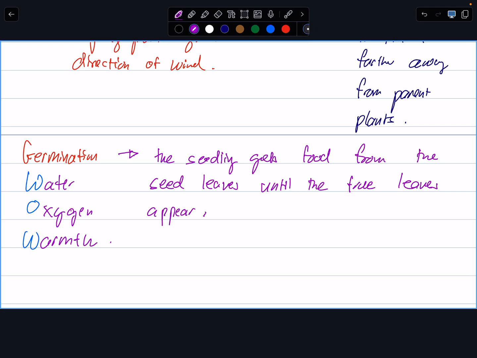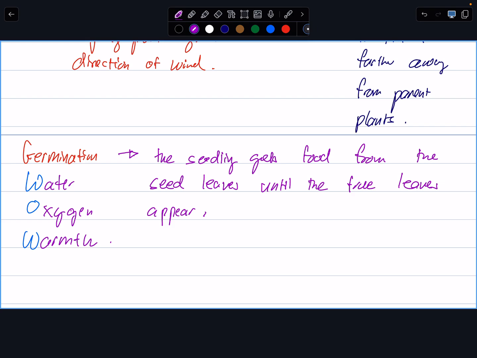Okay, then the true leaves will take over the function. So the seed leaves will decrease in mass because it's being used up as food by your seedlings. Once the true leaves have appeared, it will drop off the seed leaf. It's that black color. You know when you have your bean sprouts, your tauge, there's the black color thing. Your seed leaves. It will drop off when the real leaves have formed.